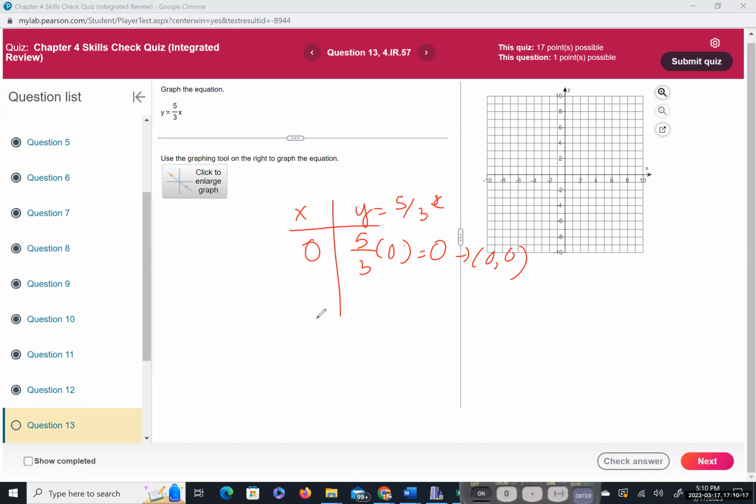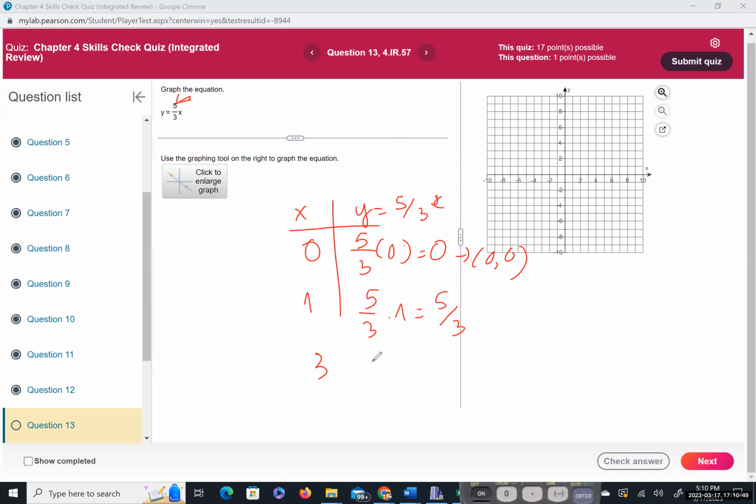Let's choose the second point. You see that I have 5/3, the constant here, multiplied by x. You can choose 1, that's fine, but 5/3 times 1 is going to be 5/3, and it's not going to be easy for you to draw it. I would choose another value for x that can cancel the 3 there.